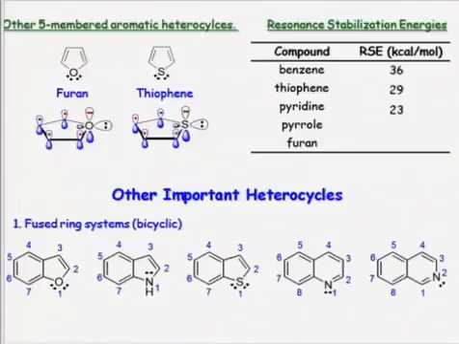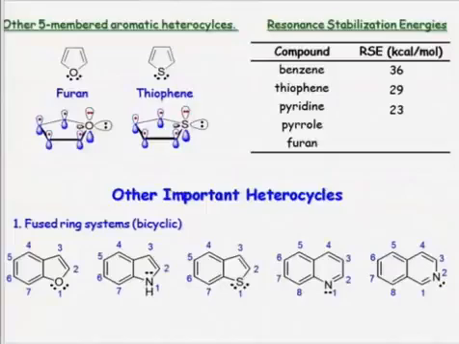If we move on and look at the resonance stabilization energies of these different compounds, we look at thiophene, pyridine, pyrrole, and furan, and compare them to the resonance stabilization energy of benzene. We notice that these heterocyclic systems don't have quite as much resonance stabilization energy as benzene.